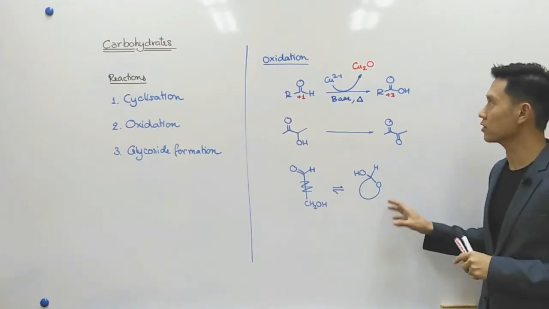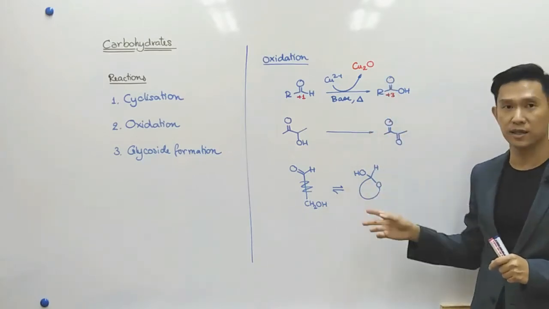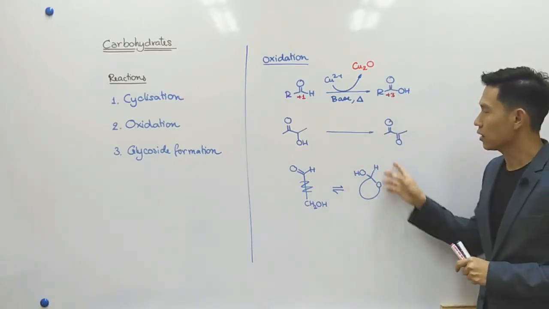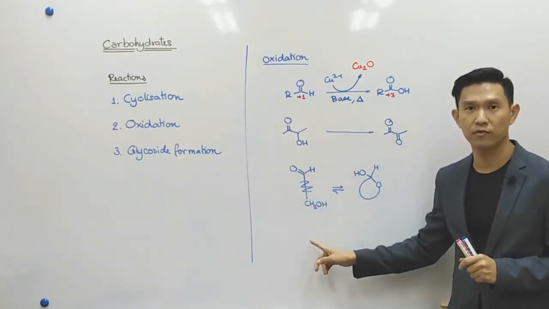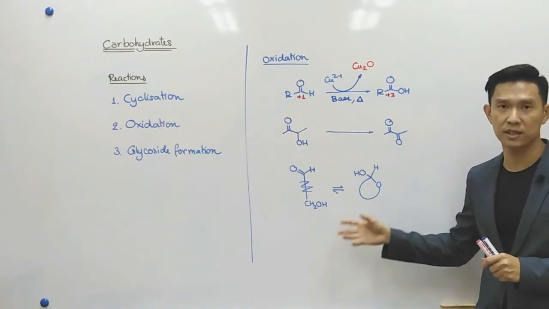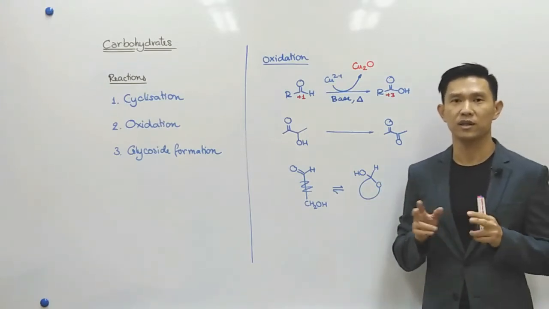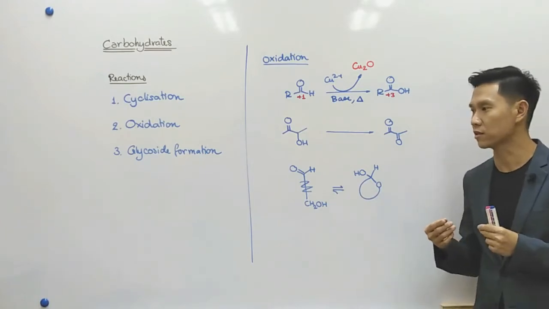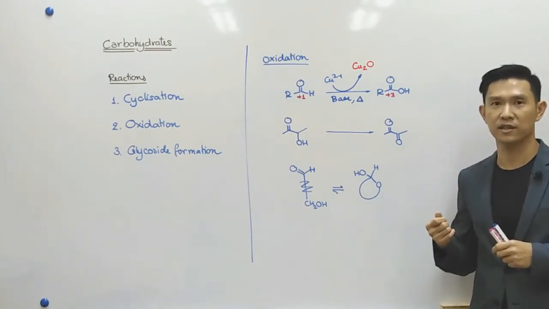So if you want to oxidize the glucose with the copper ion in the Benedict test, what happens is it can oxidize only the open chain form, which is very minor in the mixture. But you know what is called Le Chatelier, right?